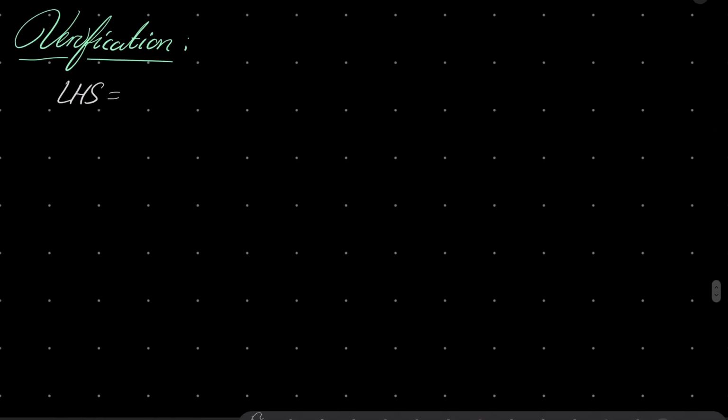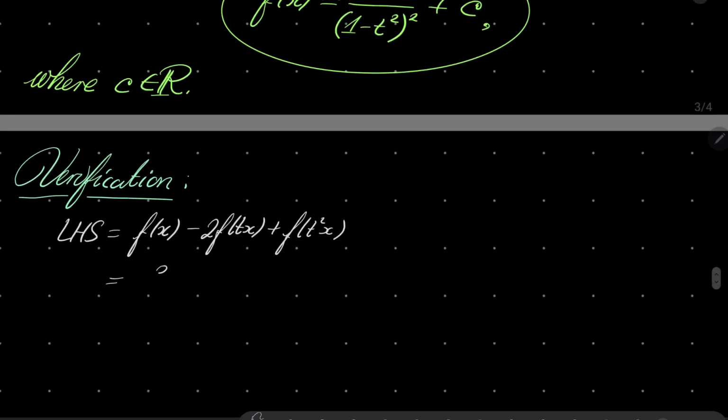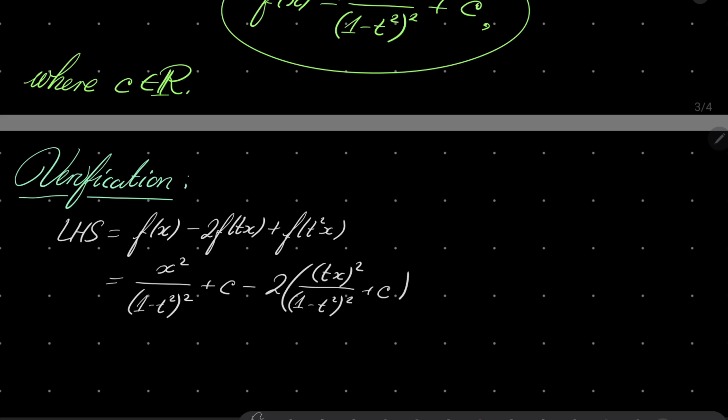So let's plug in our formula. So it's x squared over (1 minus t squared) squared plus c, minus 2 times (t squared x squared over (1 minus t squared) squared plus c), plus t to the 4th power x squared over (1 minus t squared) squared plus c.